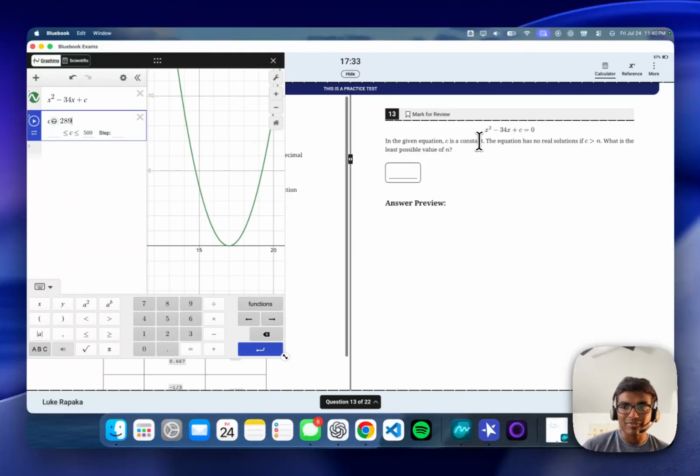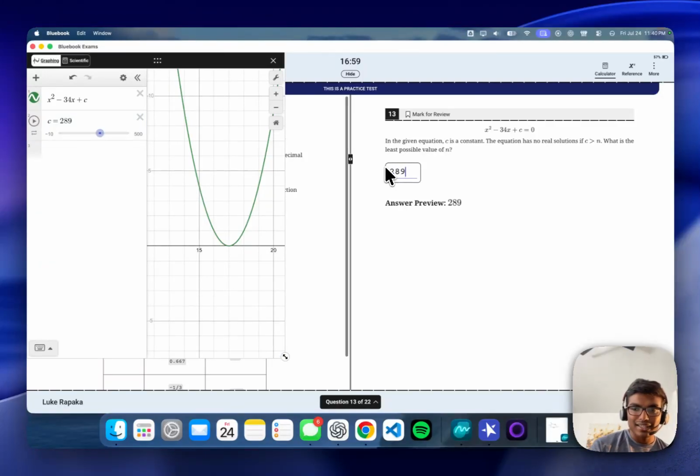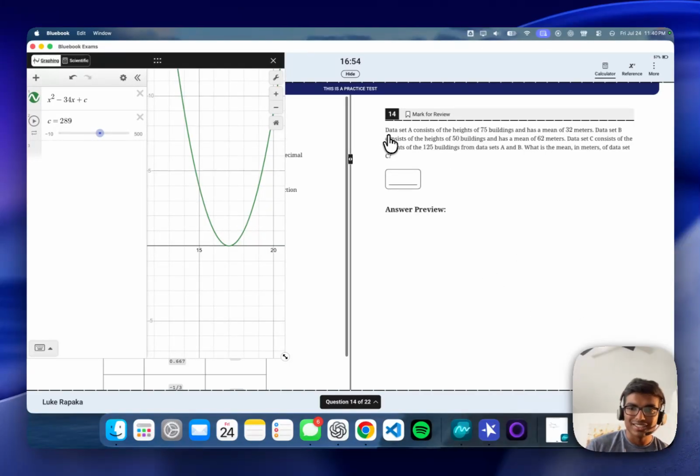So what is the least possible value of n? Okay, so sorry, if c is anywhere greater than 289, it's not going to have any solutions, right? Because 290, for example, it doesn't have it. 289.5 doesn't have it, right? So the least possible value would be 289 because anything greater than that, it has no solution. But yeah, that's the lazy way of doing it.